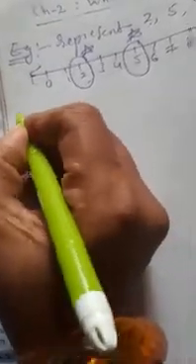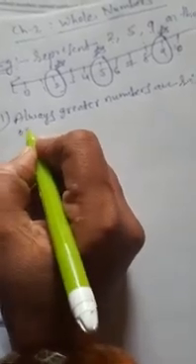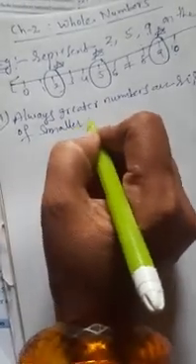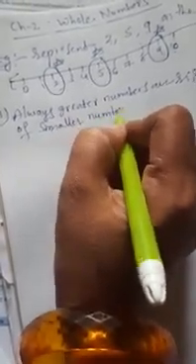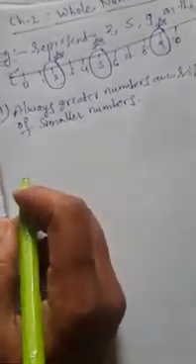Always, greater numbers are on the right side of smaller numbers. Okay, you should always remember.